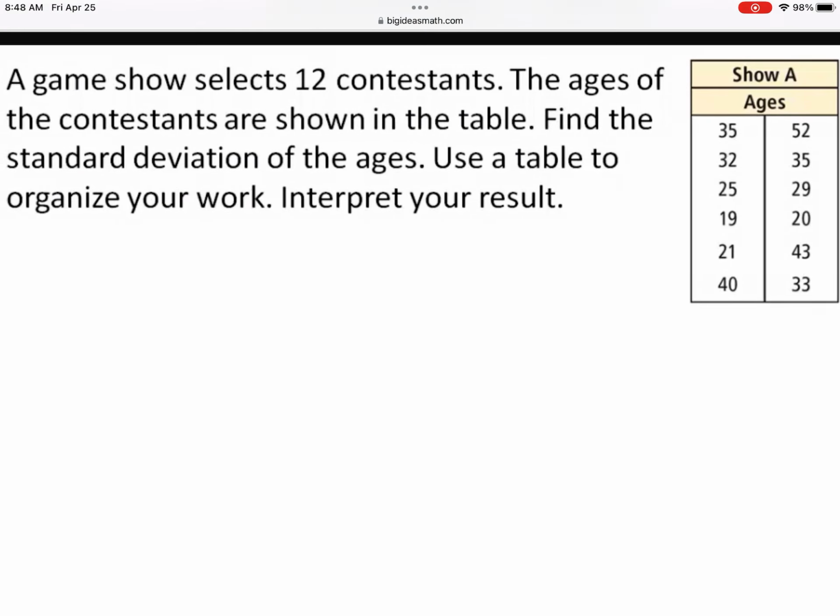Negative 1.2 squared is 1.44. Negative 0.65 squared is 0.4225. Negative 0.85 squared is 0.7225. Negative 0.85 squared is 0.7225. Negative 0.35 squared is 0.1225. Negative 1.1 squared is 1.21. 5.15 squared is 26.5225. And negative 0.15 squared is 0.0225.